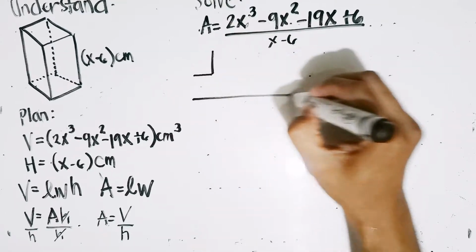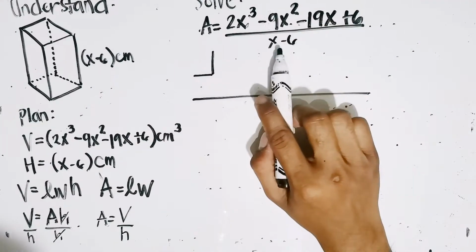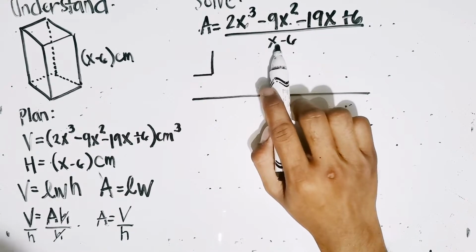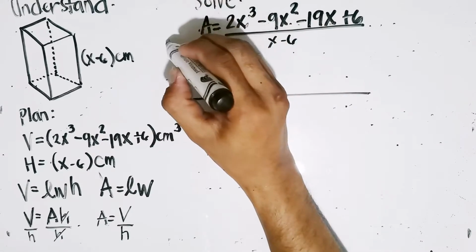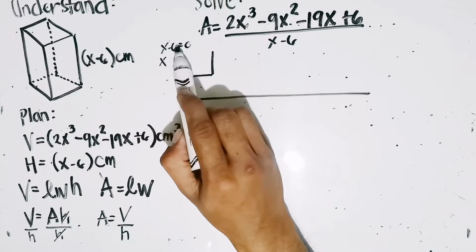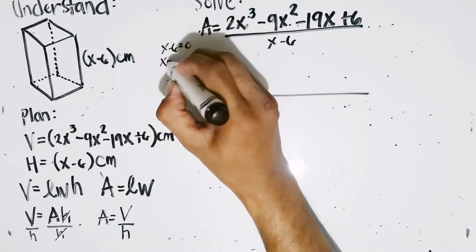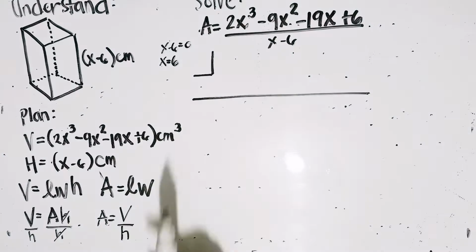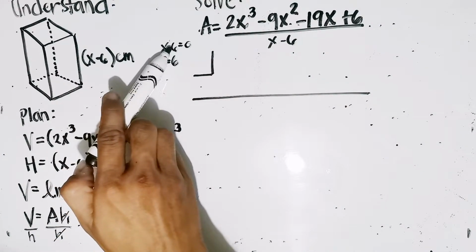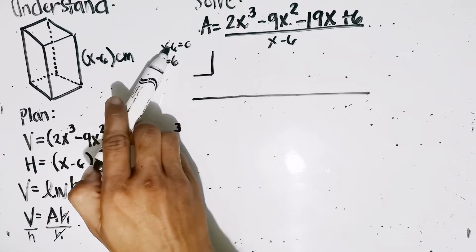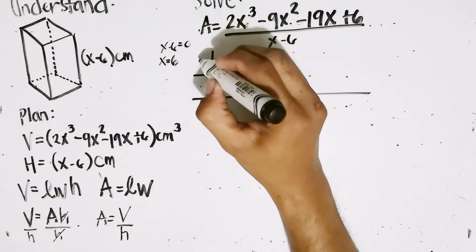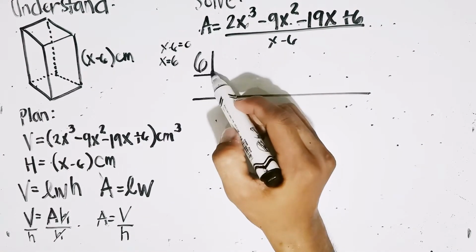For me, I'll use synthetic division. So the denominator is the divisor, and we will equate that one with 0. So we have x minus 6 is equal to 0, and that becomes, transpose negative 6 using addition property of equality, and that becomes 6. So negative 6 transposed to the other side, and that becomes positive 6. Write 6 here.